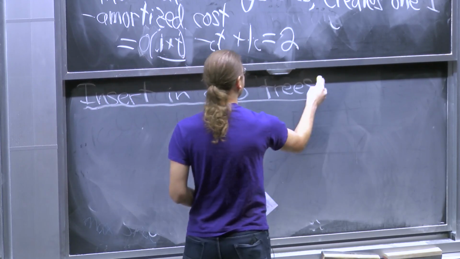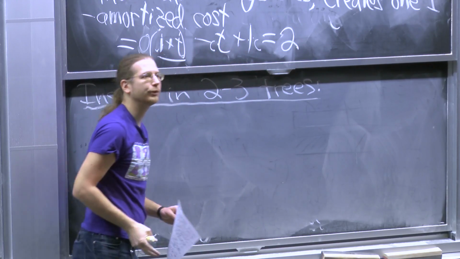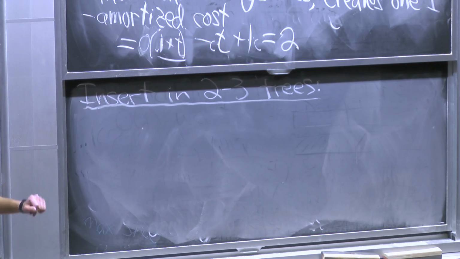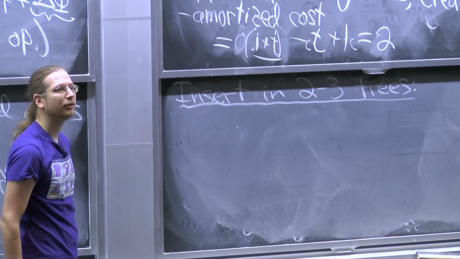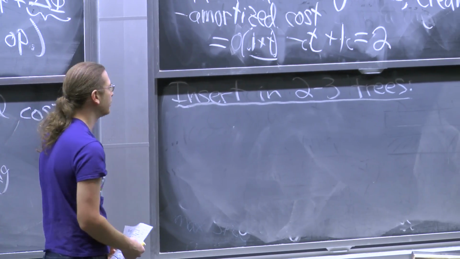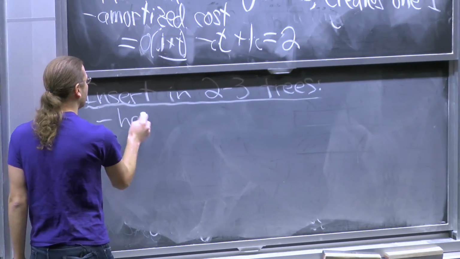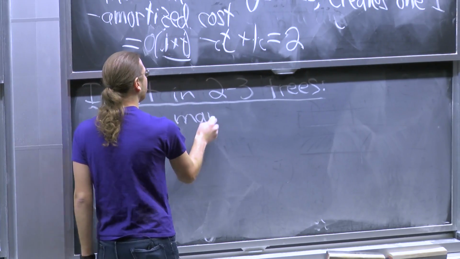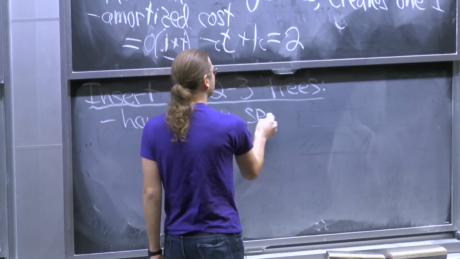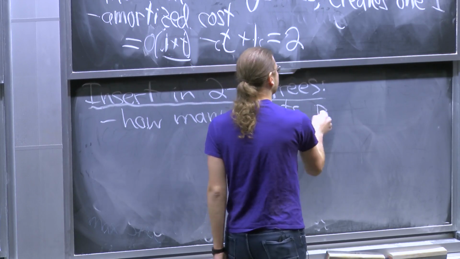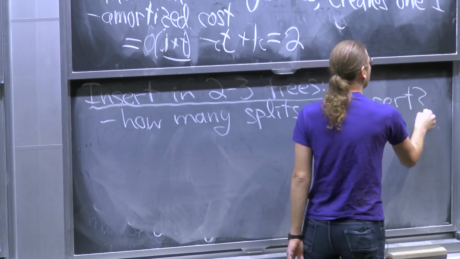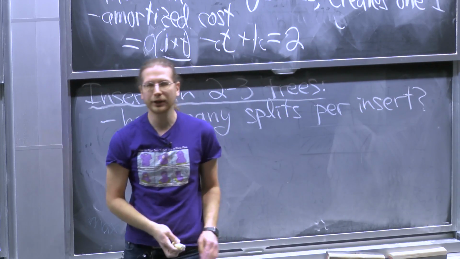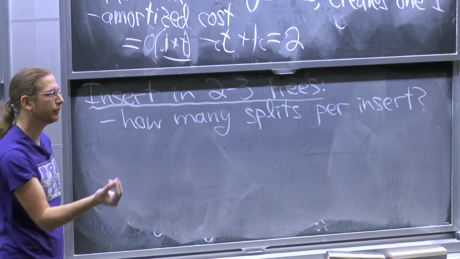I want to analyze insertions only in 2-3 trees. Then we'll do insertions and deletions. And I want to count how many splits happen in a 2-3 tree when I do an insertion. So remember, when you insert into a 2-3 tree, say you start at a leaf, you insert a key there.